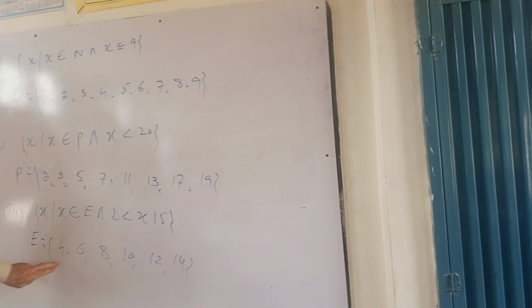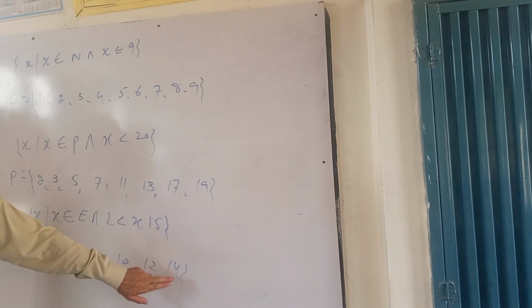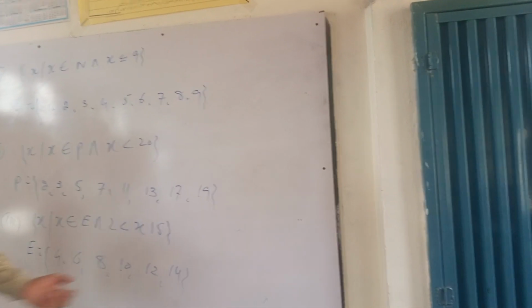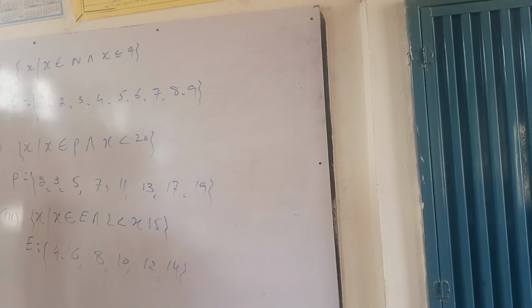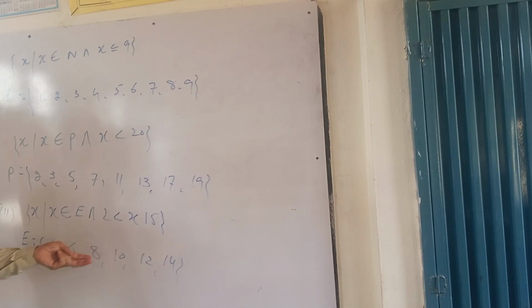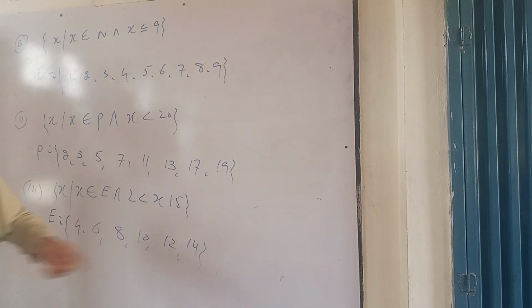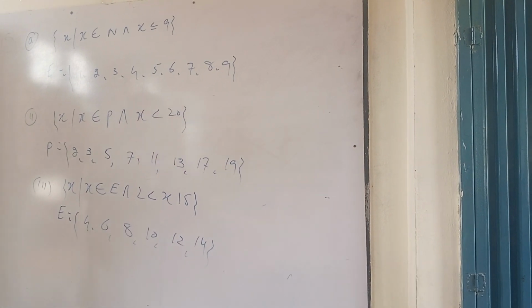So greater than 2 are 4, 6, 8, 10, 12, and 14, and these are less than 15. So this is a set of even numbers which are greater than 2 and less than 15.